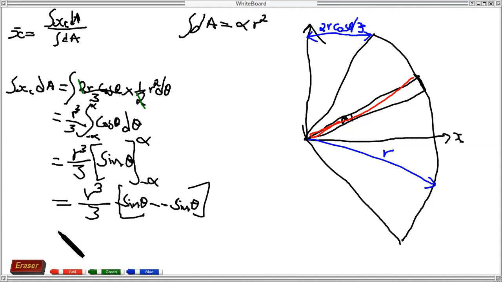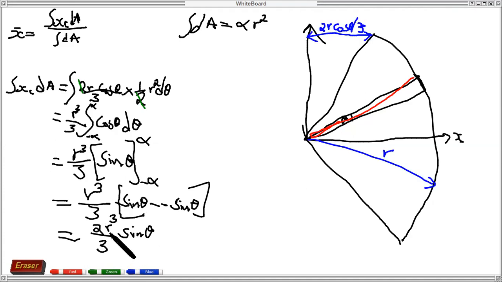Because of the signs, you end up adding them, so it ends up becoming 2 sin, isn't it? Yes, sir. So at the end of the day, this becomes 2 r cubed sin of the angle over 3. The 2 is coming from the sin here. So now we have this numerator as well.